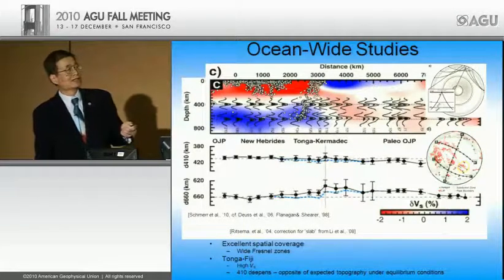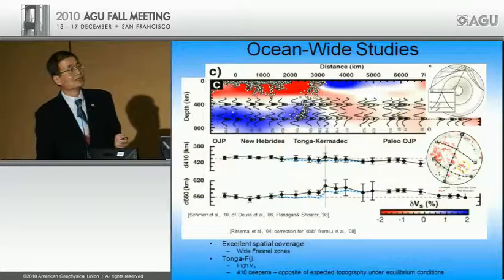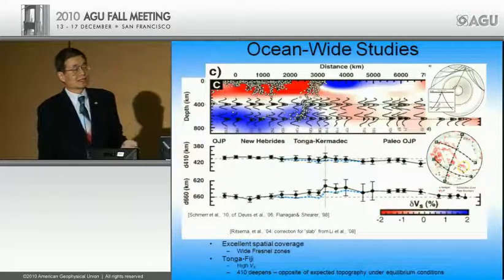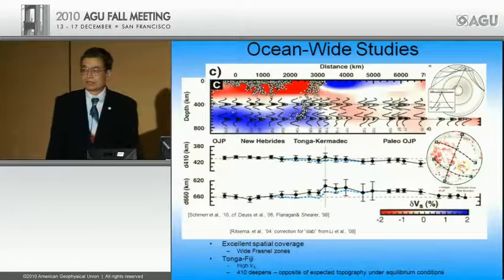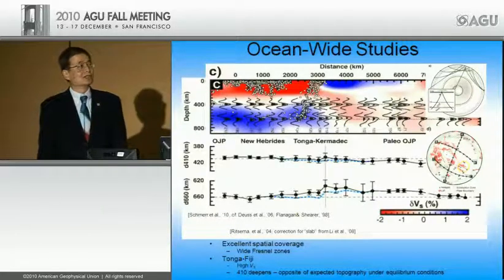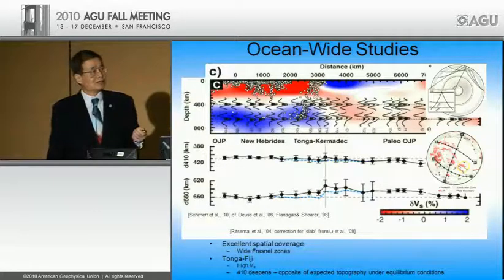So we do see this broad high-velocity anomaly associated with those deep earthquakes, and already notice how these earthquakes spread out by over 1,000 kilometers from the tip of the Wadati zone. Now, we know the 410 is associated with the olivine-spinel transition, which is an exothermal transition.